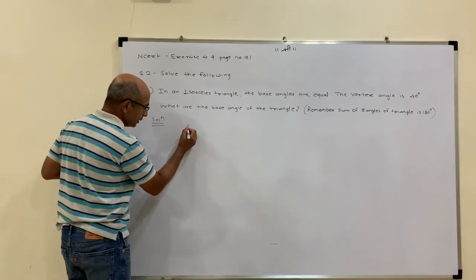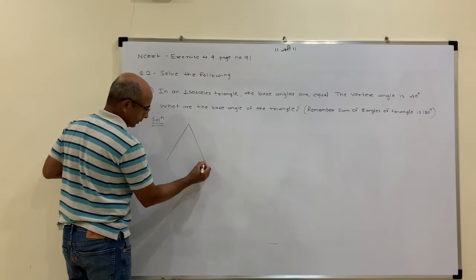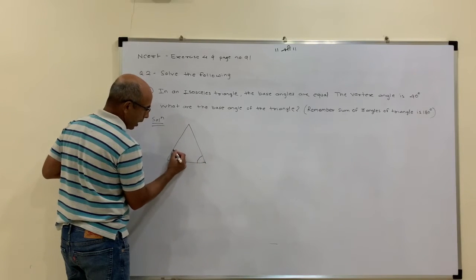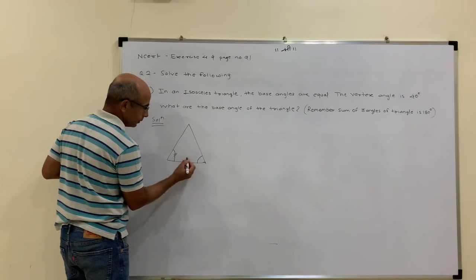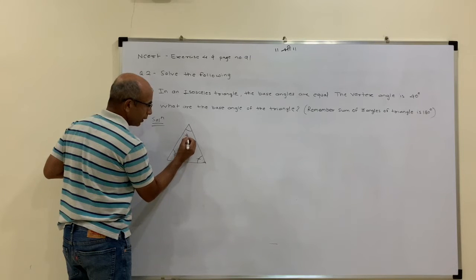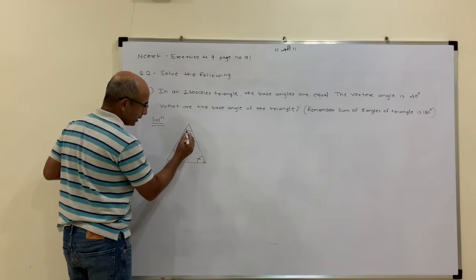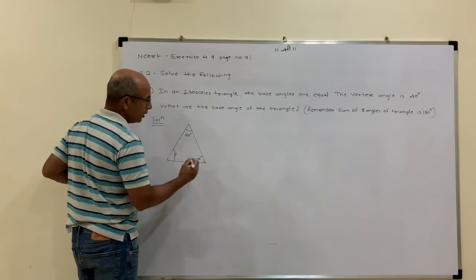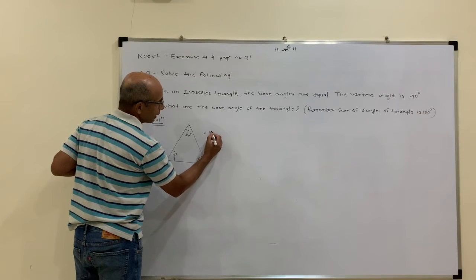So let's consider this is my isosceles triangle. These two angles are equal, and this angle they have given as 40 degrees, and the sum of these three angles is equal to 180 degrees.